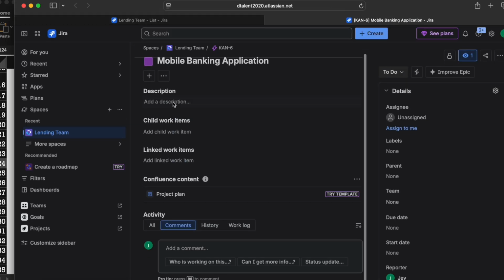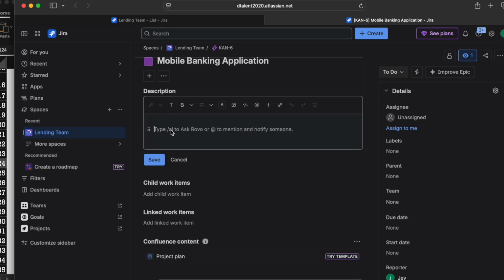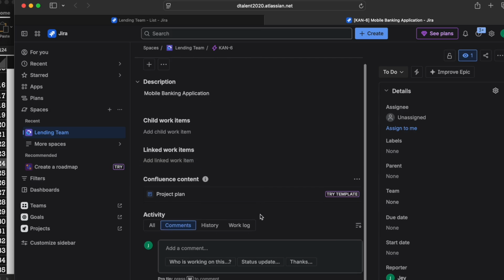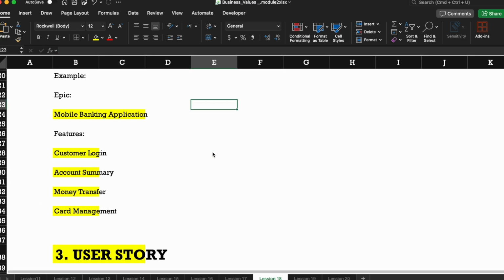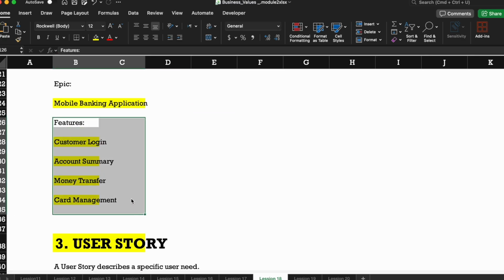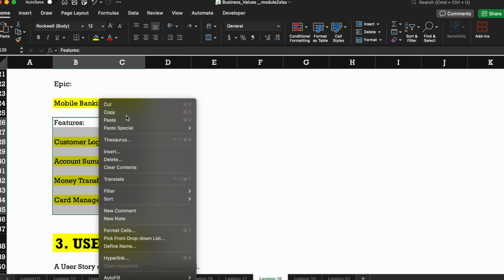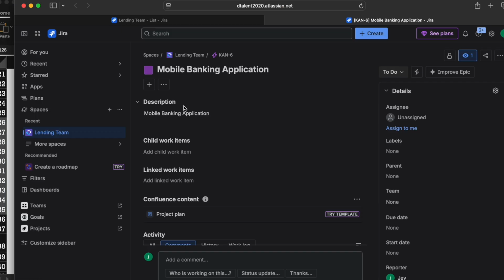Here you can add a description. If there is no description, I am pasting the same thing, and you can add more detail. Description: mobile banking. I can include all features under that epic so that it's more clear.